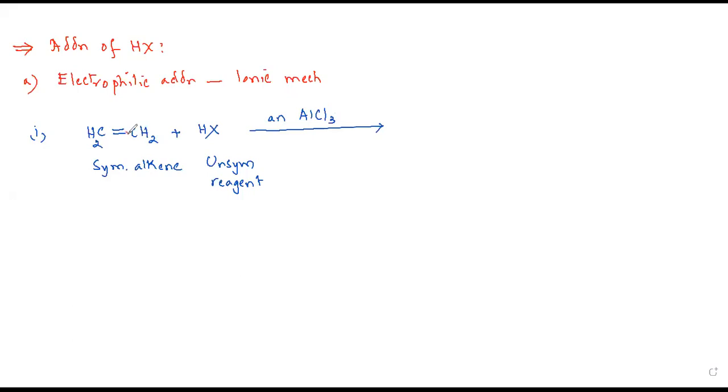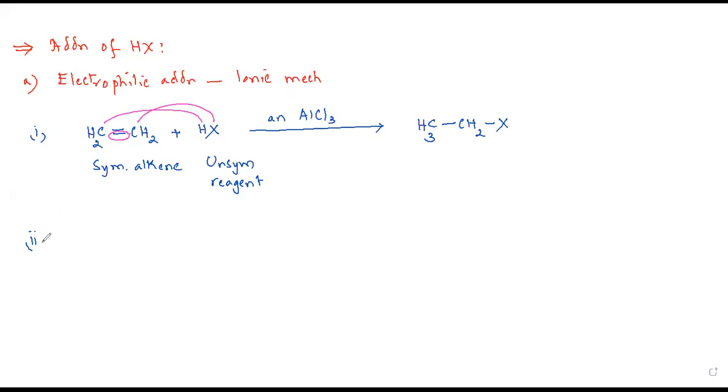We can just remove a bond, add a hydrogen to this, then halogen to this. Even if it is the other way also, not an issue. We get the same product.